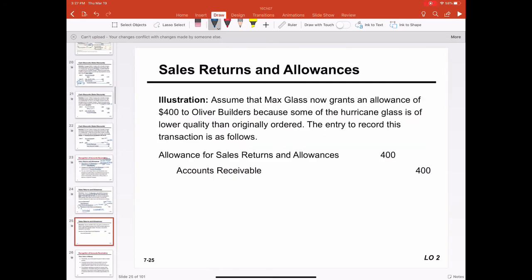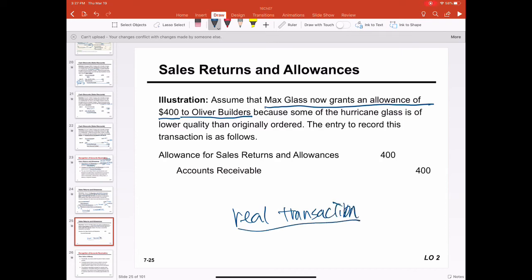The next one is if Max Glass grants an allowance of $400 to Oliver Builders, which is the buyer. So this is a real transaction or event. What we do is write off accounts receivable $400, and also debit the control account of accounts receivable.